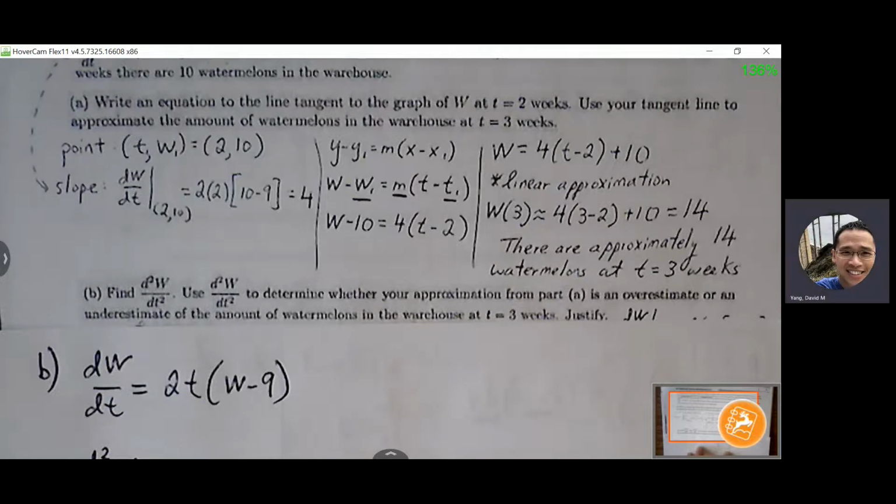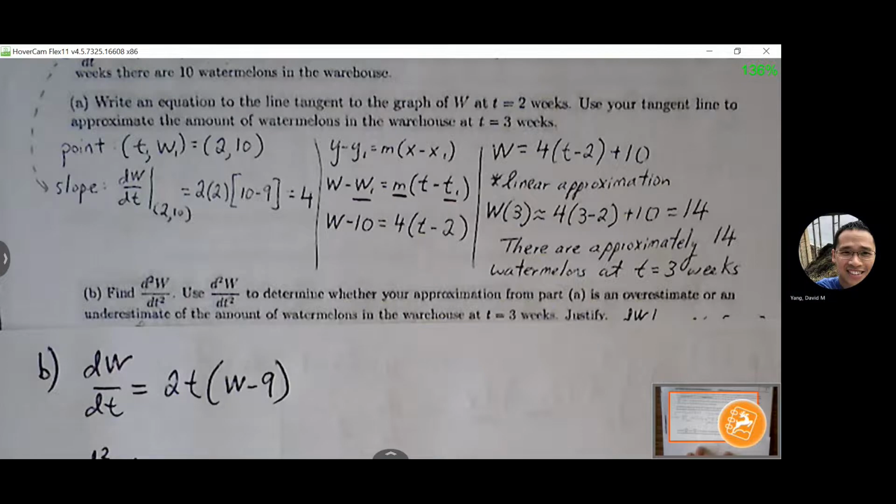You got your ordered pair, you got your slope. Typically, we like to use y minus y1 equals m times x minus x1, which is still our tangent line, but we just make a slight adjustment, right? Instead of x, we'll use t. Instead of y, we'll use W. And then we solve for W. Once you solve for W, then you do that last step, linear approximation.